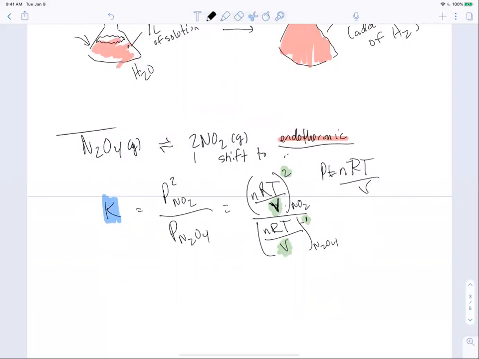It's going to change linearly. And so the concentrations here are going to change differently as I expand the volume.